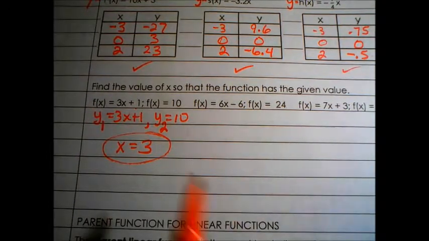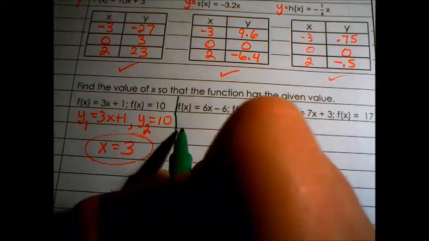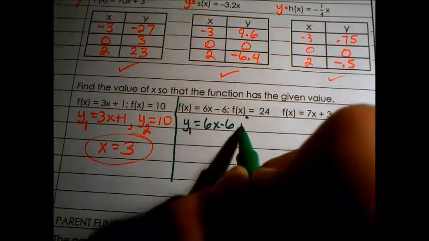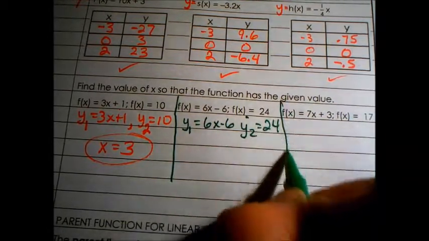Okay. If I look at the middle one, let me change pens. This red's getting on me. Let's go with green. I guess we'll do Christmas colors. So I have y1 is going to be 6x minus 6, and then y2 is going to be 24.